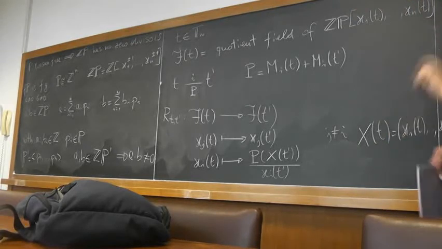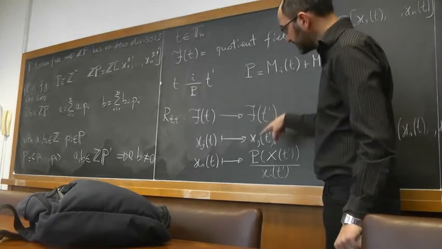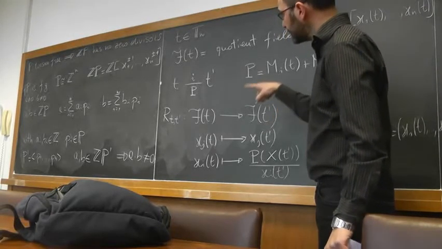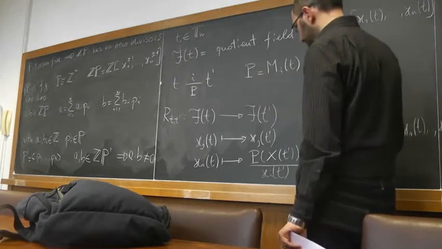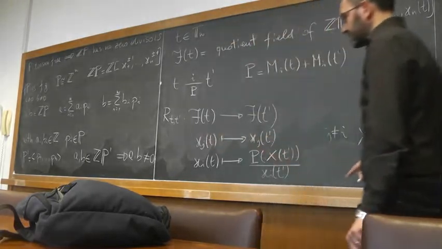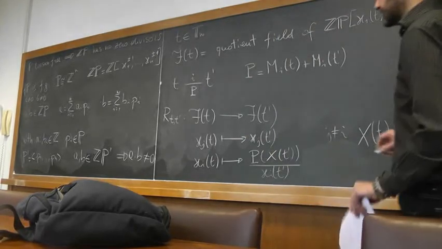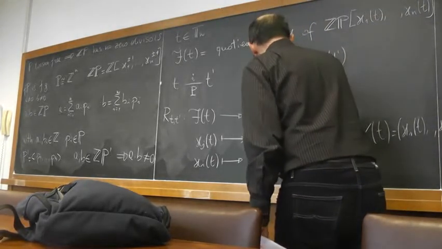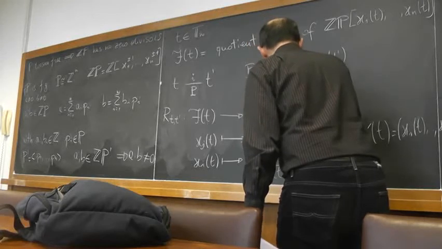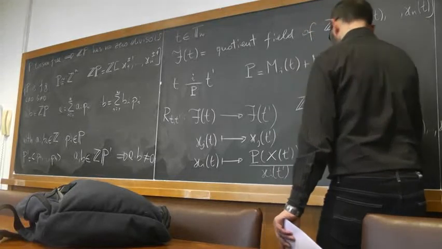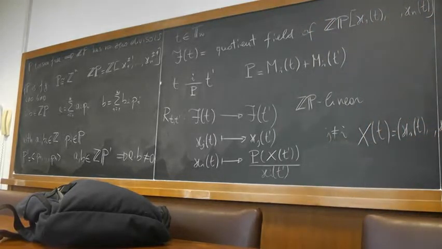There is one further thing to say on this map, that it is Z_p linear, because I didn't say where the coefficients go. It is Z_p linear, and it is extended to an algebra morphism.